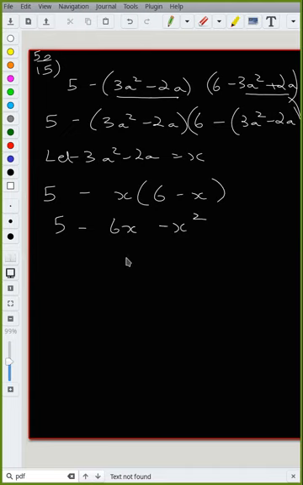Do this quickly. All of you will do this quickly now. Ishan, do it in the same way now. Don't rearrange them. 5 minus 6x minus x squared. Quickly solve this further. Remember to replace back once you factorize.